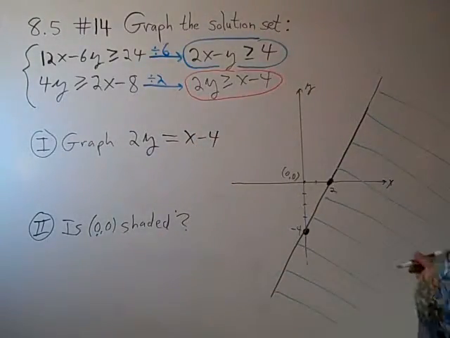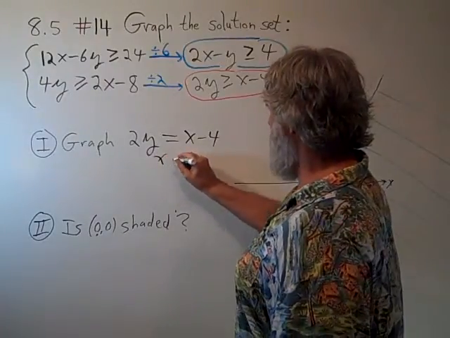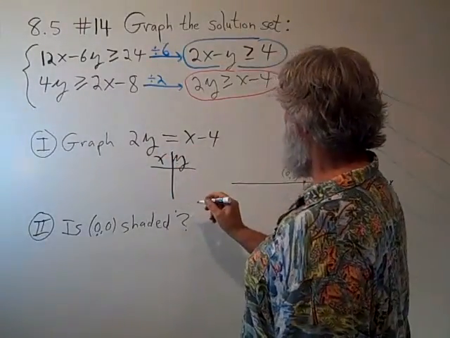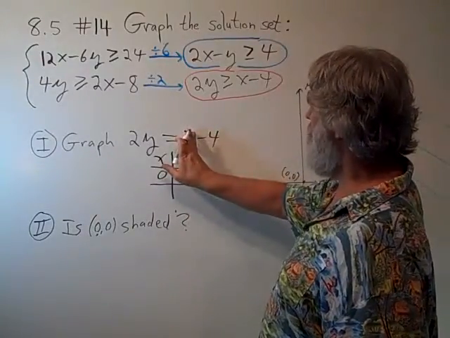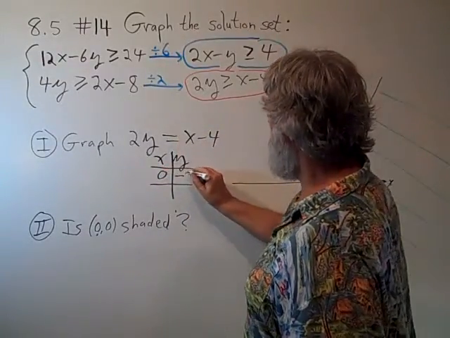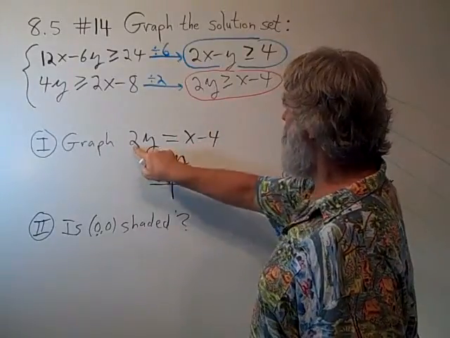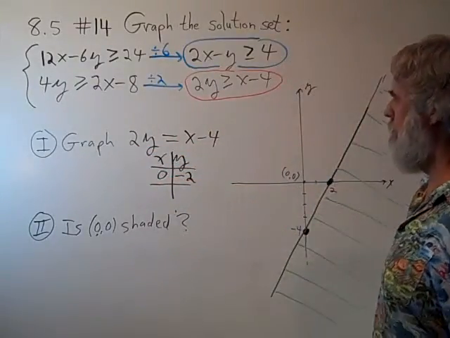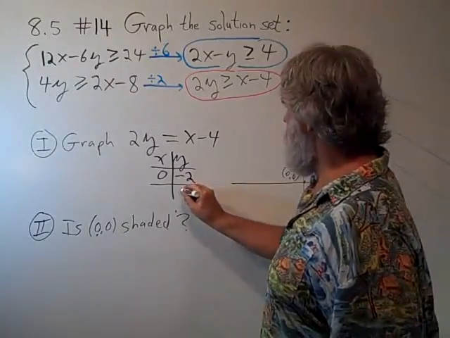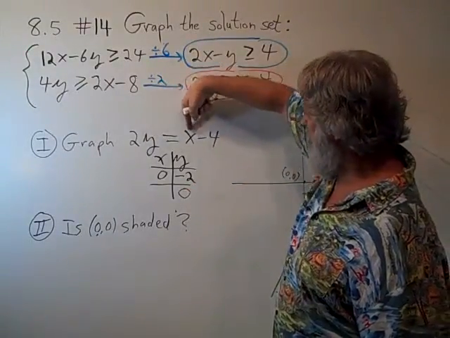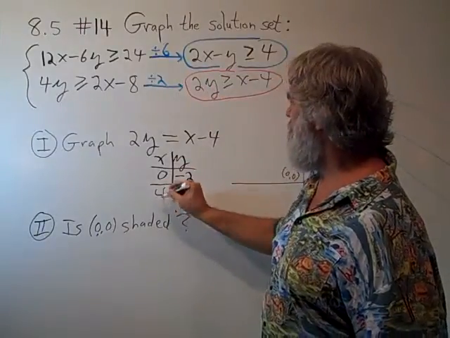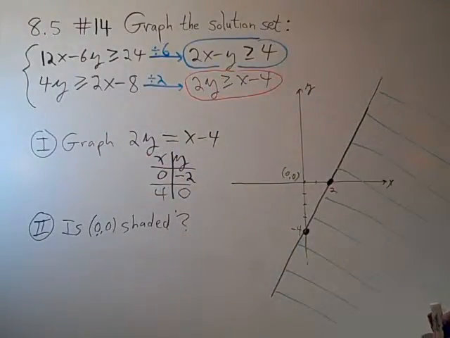And to graph this line, we need 2 points that are on the line. If x is equal to 0, then 2 times y is negative 4, so y must be negative 2, because 2 times negative 2 is negative 4. And if y is equal to 0, then the other side, x minus 4, must equal 0. So those are the 2 points we need to graph this line.